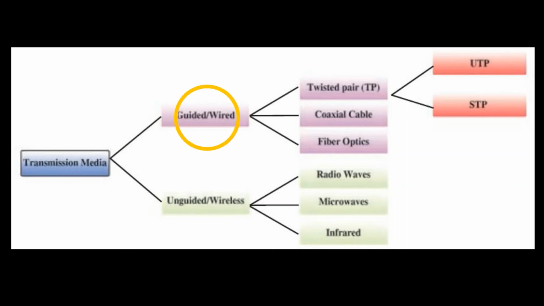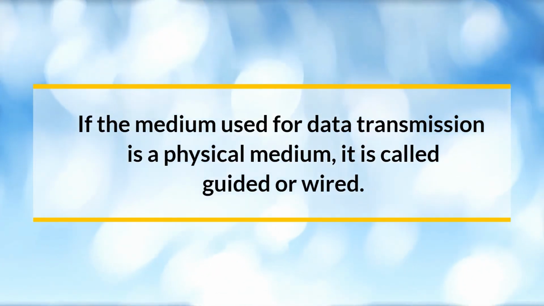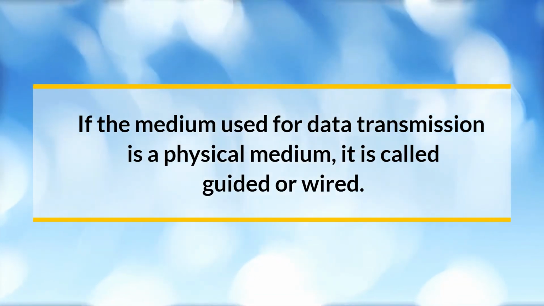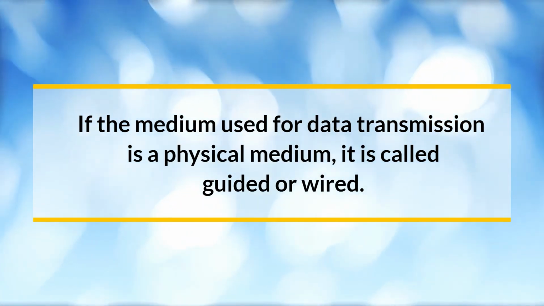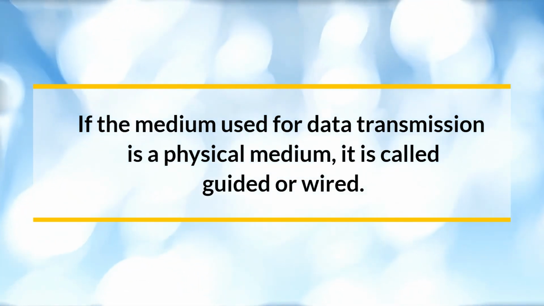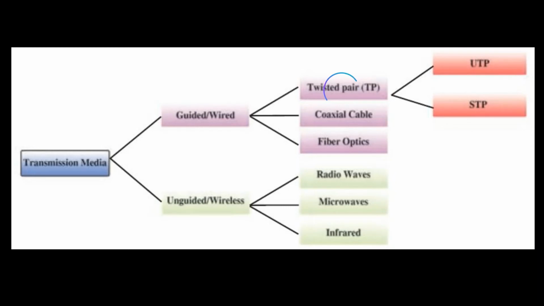Let's learn about guided or wired media now. If the medium used for data transmission is a physical medium, it is called guided or wired media. The first category of guided or wired media is twisted pair or TP.